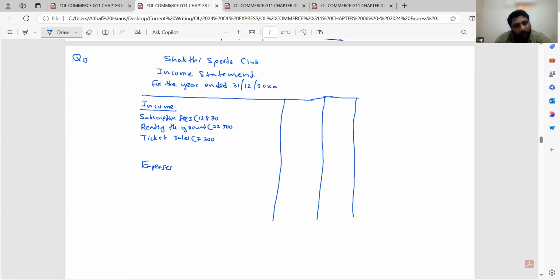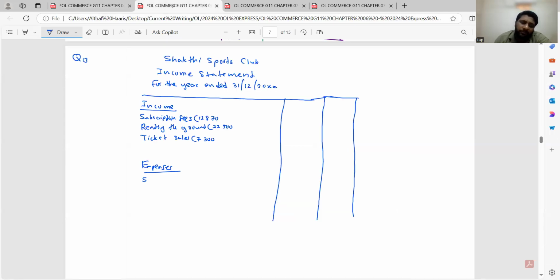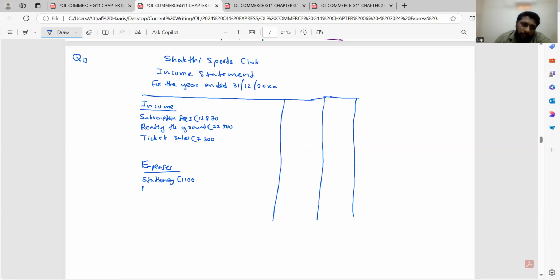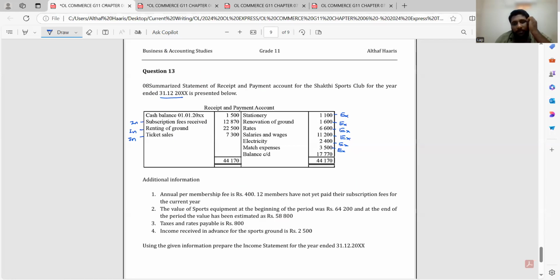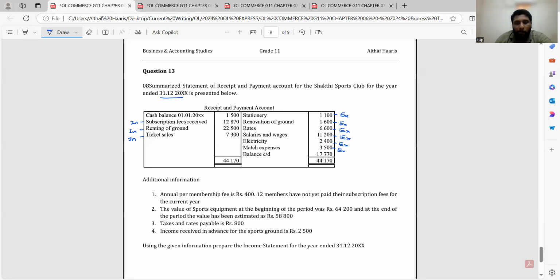Expenses. Stationery 1,100. Renovation of the ground 1,600. Rate 6,600. Salaries and wages 11,200.